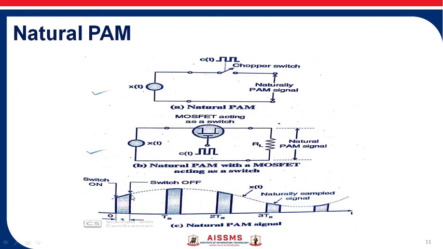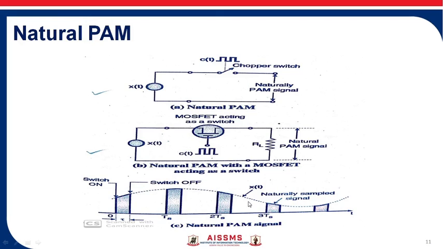When the switch is off, the output of this circuit will be 0. Again, for the next cycle of pulses, the switch gets turned on and you get the continuous time signal for that particular time duration too. After the same time interval Ts, again the switch gets turned on and the output is like this.